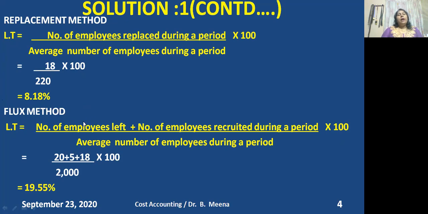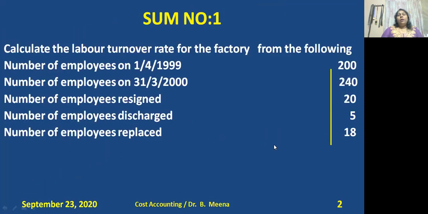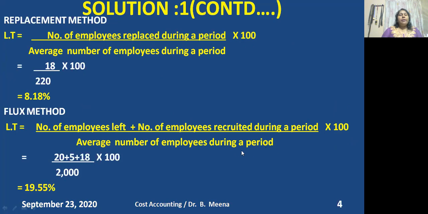For the flux method, I will consider both how many of them went out as well as how many of them were recruited for the organization. So as per this problem, how many of them left the organization means 20 plus 5. How many were recruited as per this problem is 18. So all these three things I will write in the numerator, divided by 220, the whole multiplied by 100.